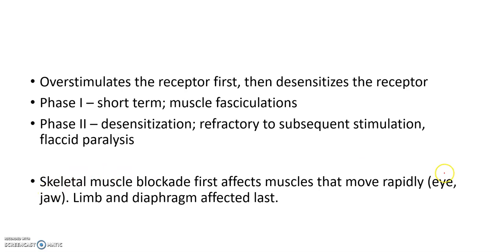These will be the first muscles to be blocked, the eyes and the jaws, and the last muscles to be affected will be the limbs, the hands, legs, and then the diaphragm, which is involved in respiration. So these are the muscles that will be affected in a skeletal muscle blockade.